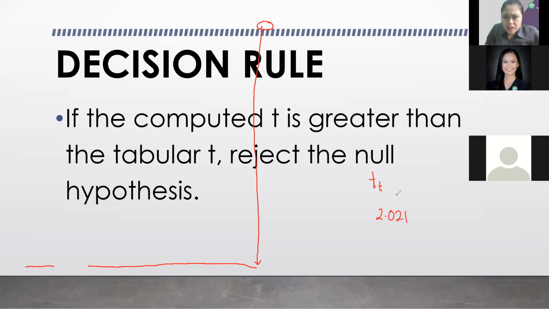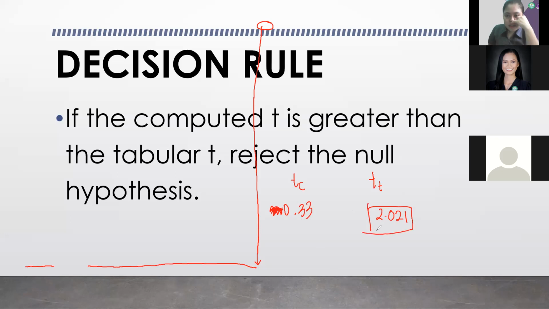What was the computed T again? 0.33. That was 0.33? Okay. May negative siya, diba? Sabi ko kanina, disregard the sign. If we are going to use the table, disregard the sign, we will just use the number. So ano ba yung mas malaki dito?